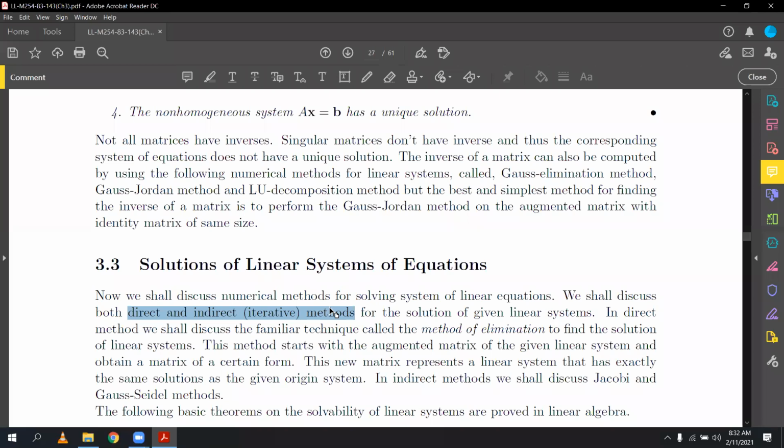First we start with the direct method, which is one of the simplest cases of the numerical methods. Here we will discuss two numerical methods for the direct case and two numerical methods for the iterative case, which I mentioned here.